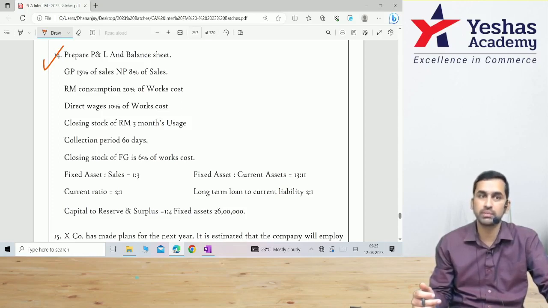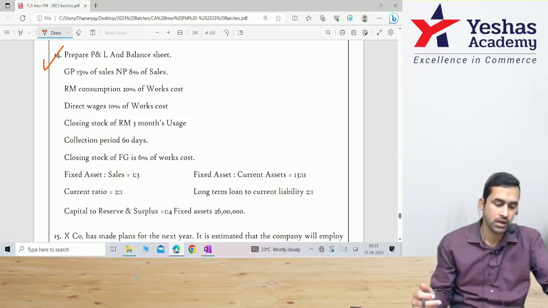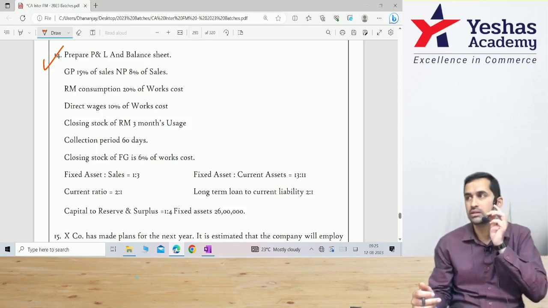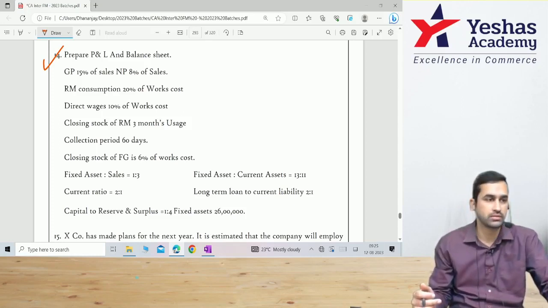Consumption is opening plus purchase minus closing. So this is not purchase, this is consumption information. Direct wages 10% of works cost. Closing stock of raw material is 3 months usage. How to understand the meaning of this line, 3 months usage?